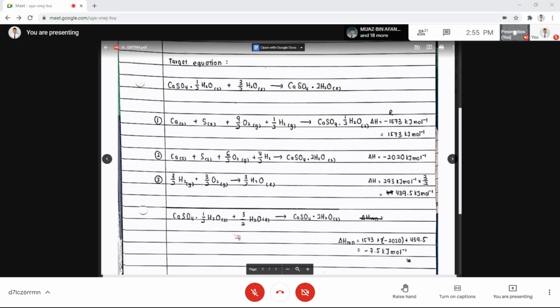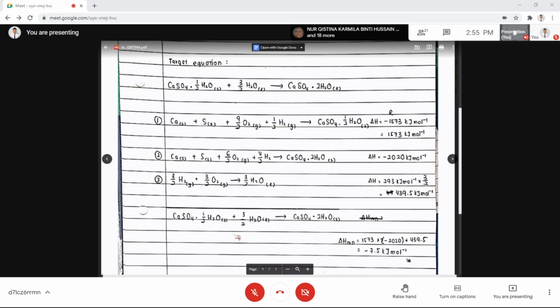So delta H2 will remain the same, negative 2020 kilojoule per mole. And again, same mistake, you forgot the positive sign as well. Okay, positive 439.5 kilojoule per mole.